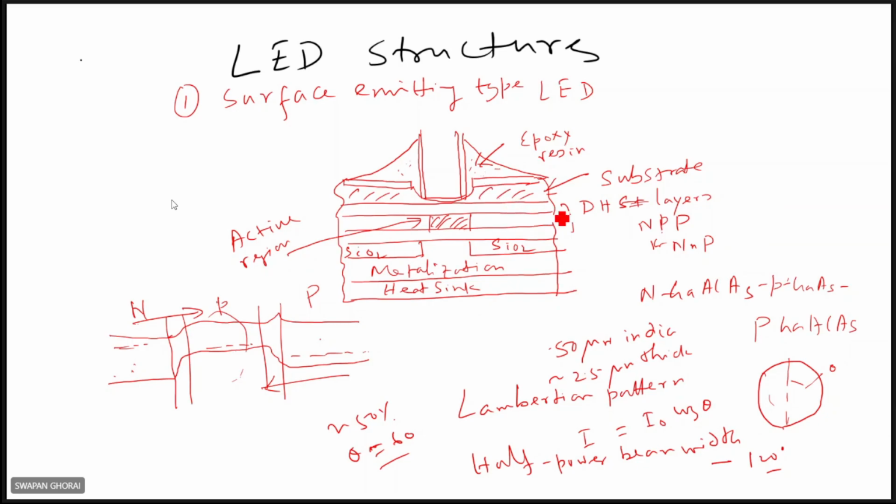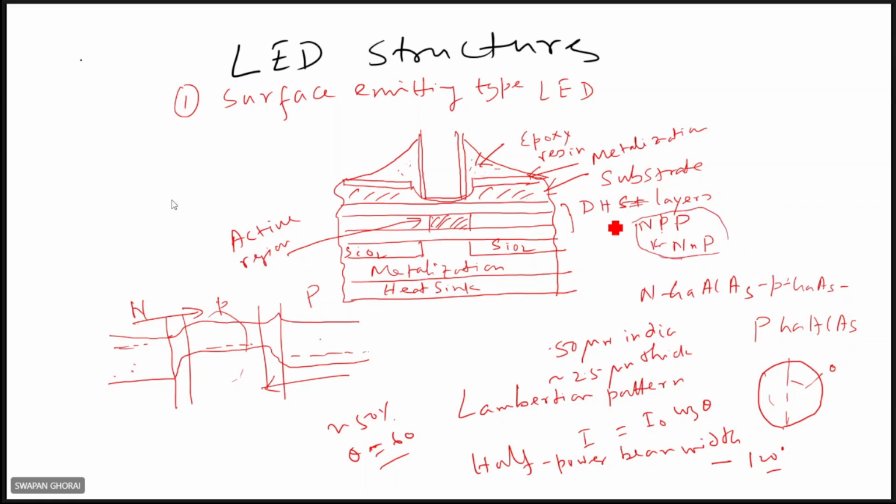And next, the 3 layers are there. You can see these 3 layers. This one is the metal contact, the metallization. Next is the substrate, and these are the 3 layers. It can be NPP layers or NNP layers. It can be any combination.